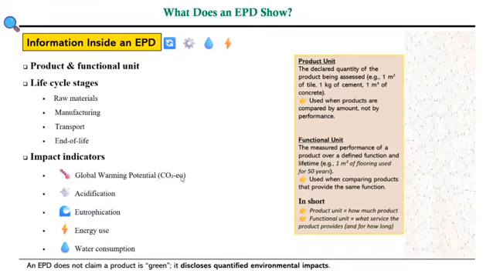Global warming potential, in CO2 equivalents, acidification, eutrophication, energy use, and water consumption. So here we have a golden sentence: an EPD does not claim a product is green. It just discloses quantified environmental impacts of any product like steel or concrete or any building material.